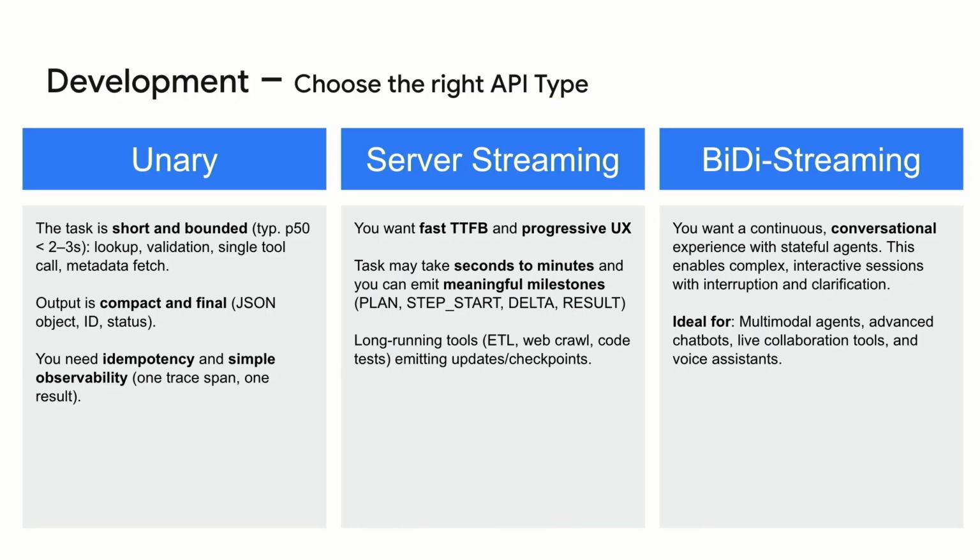And for a truly continuous, conversational experience with interruptions or clarifications, such as creating a tutor agent for teaching or a voice agent for customer support, the bidirectional streaming API is your right choice. People also call it Live API.